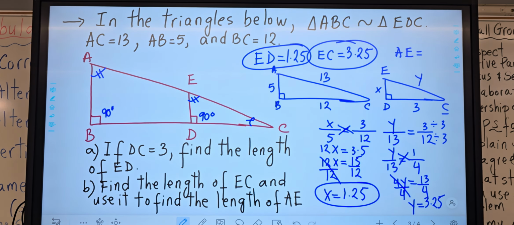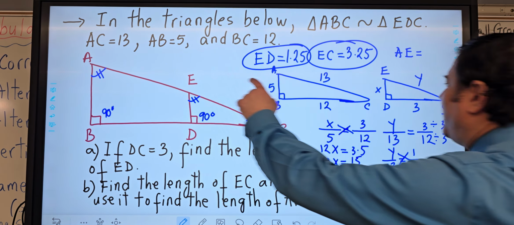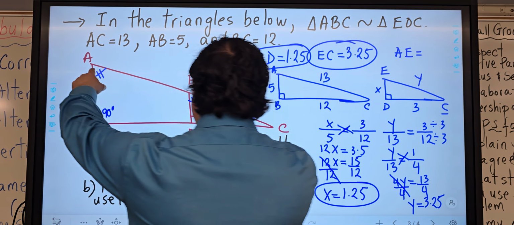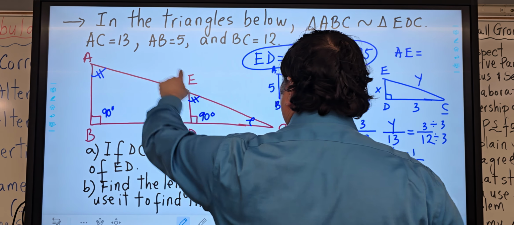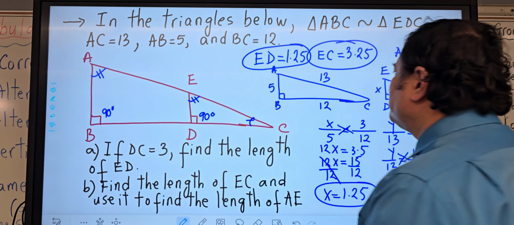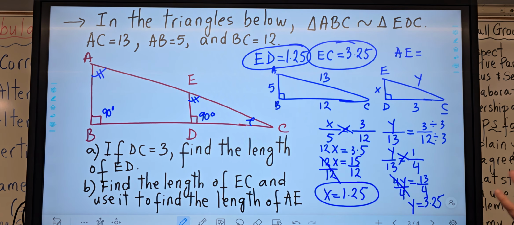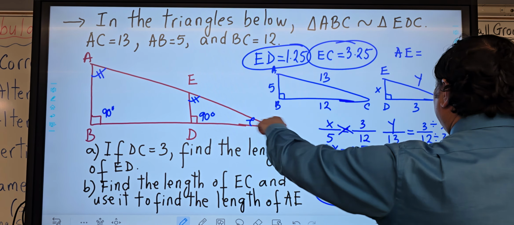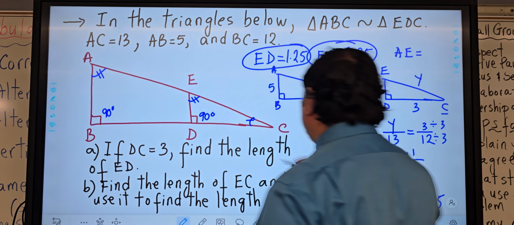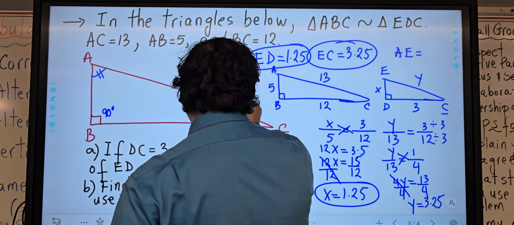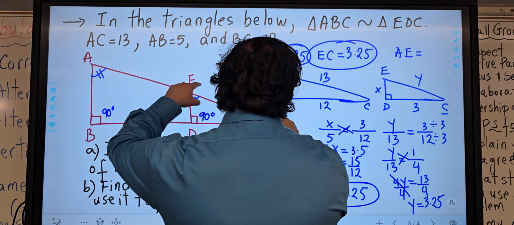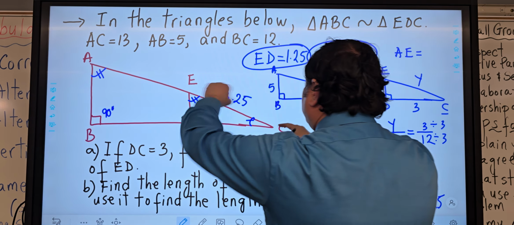And finally, now we need to find AE. So now we are going to use some logic here. Since EC, which we found to be 3.25, this one is EC, right? EC is 3.25.